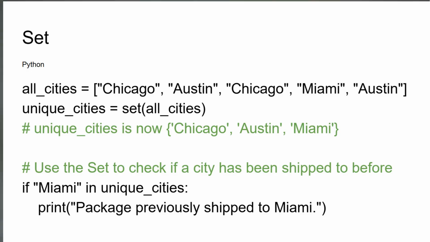And we want to know whether a city is a new city or a city that we've already shipped to and we've already established routes and that sort of thing. So we'd say unique cities equals the set of all cities. And as soon as we use that word set in front of all cities, unique cities now has only one Chicago, one Miami, and one Austin.